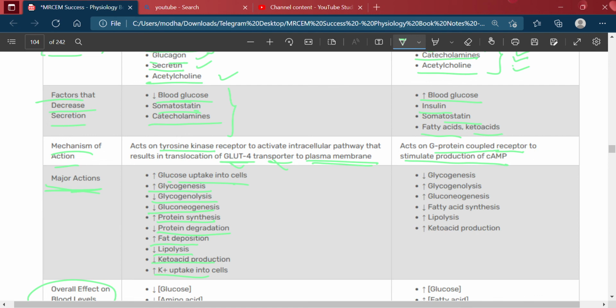Glucagon increases glycogenolysis, increases gluconeogenesis, decreases fatty acid synthesis, increases lipolysis, and increases keto acid production.